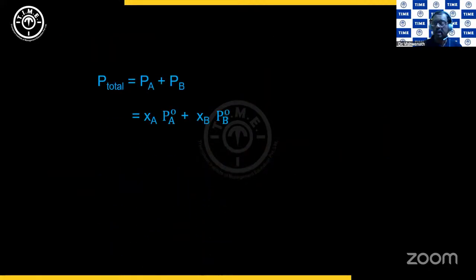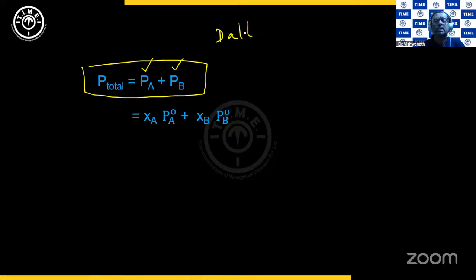Now, how do we express this? This is the partial pressure of component A, let us say solvent, and this is for component B. This equation is very similar to Dalton's law, which states that the total pressure is the sum of the partial pressures.